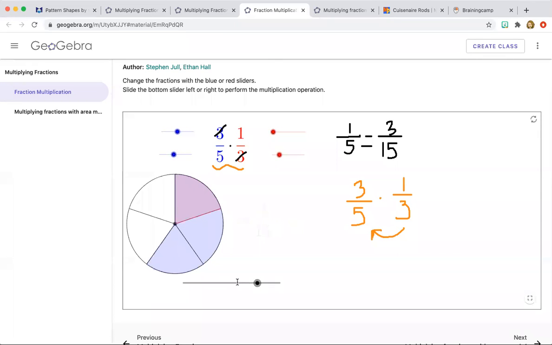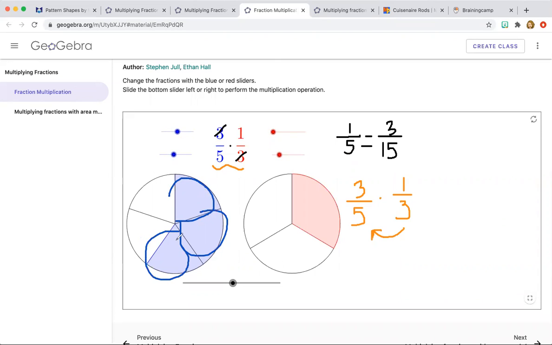And so if I come back here, here I have 1/5, 2/5, 3/5. I just want 1/3 of them. So I just need one of these.